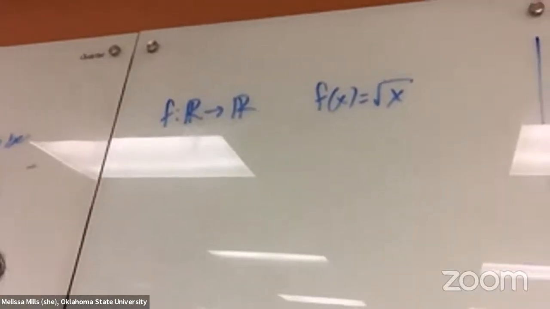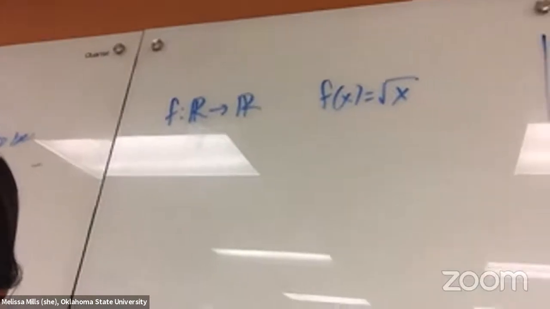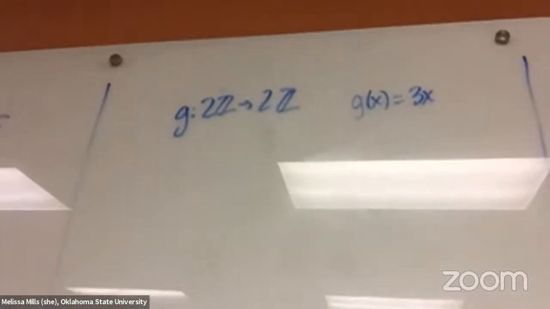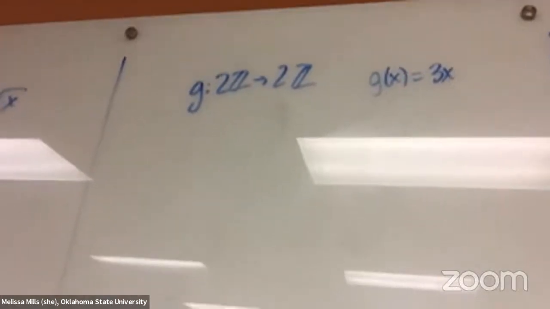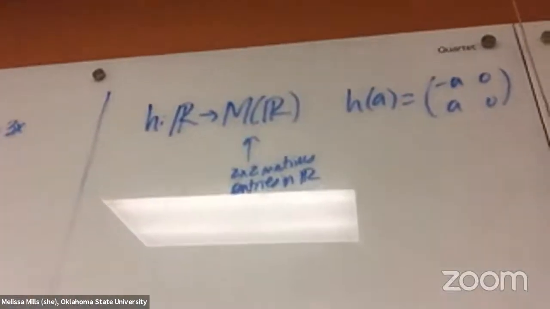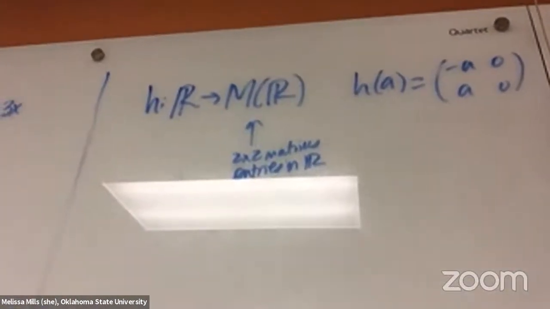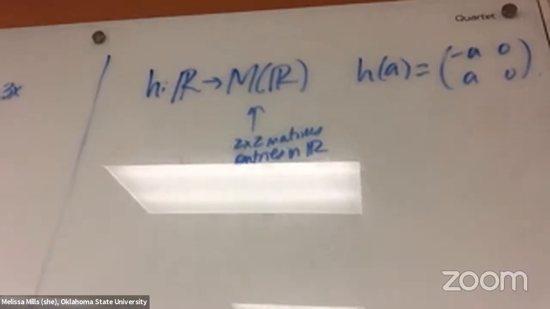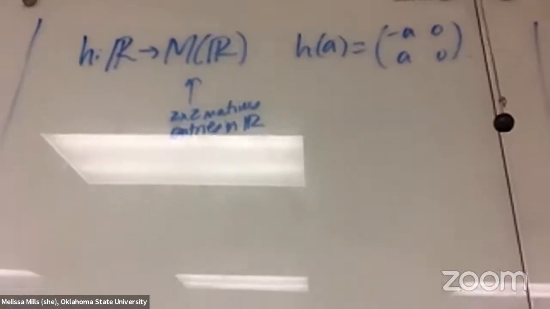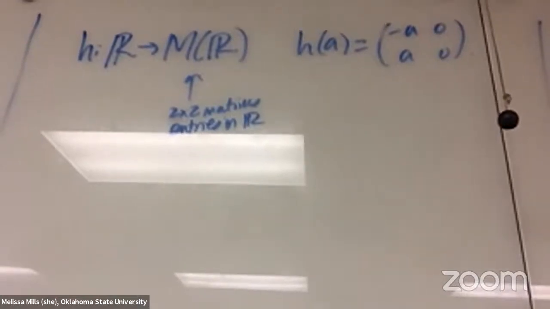So the first one is just from R to R, and it's the square root of X. The second one goes from the evens to the evens, and it's G of X equals 3X. The third one goes from the reals to the 2 by 2 matrices, and it's defined as H of A equals this matrix, negative A, 0, A, 0.